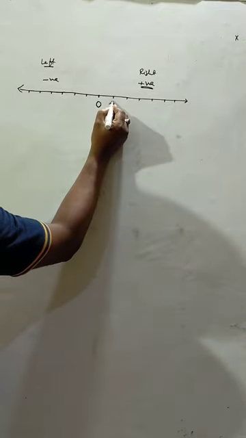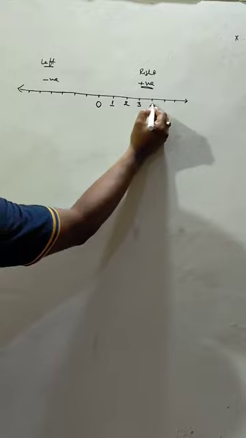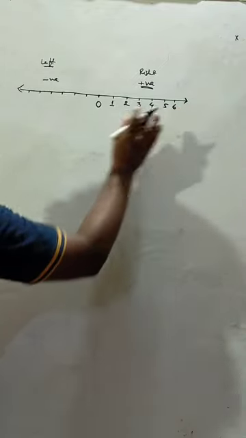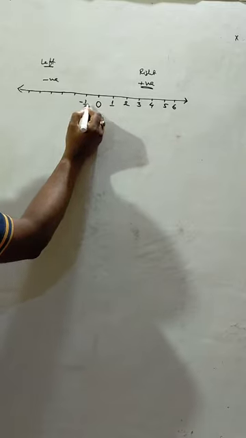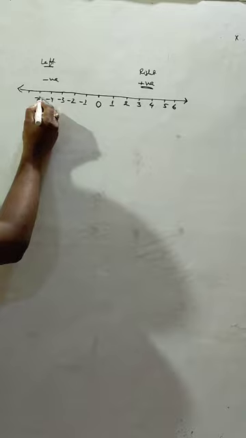So we will mark numbers like this: 1, 2, 3, 4, 5, 6, and this arrow indicates there is no end of the numbers, it goes up to infinity. On the left side we will mark -1, -2, -3, -4, -5, -6 and so on. This arrow indicates this side also goes up to infinity.